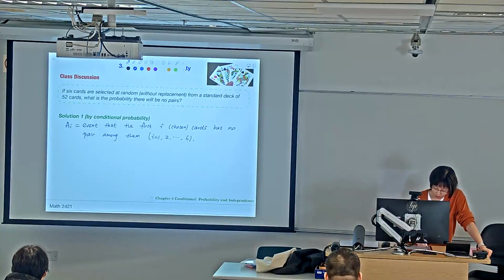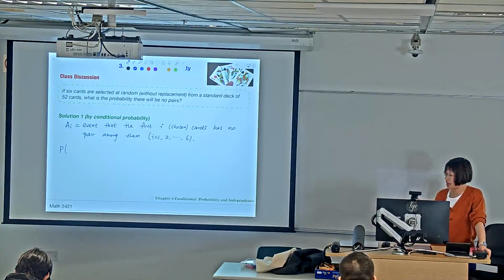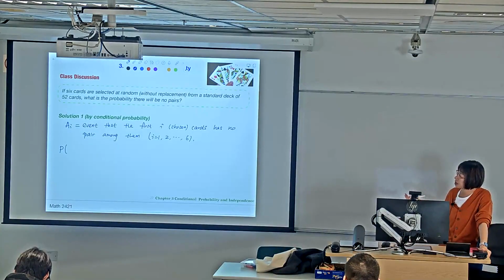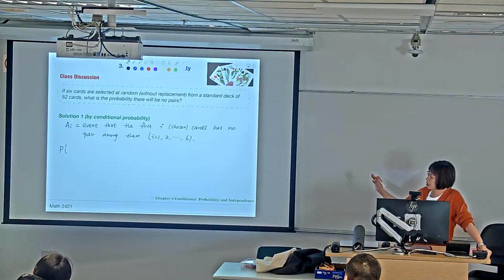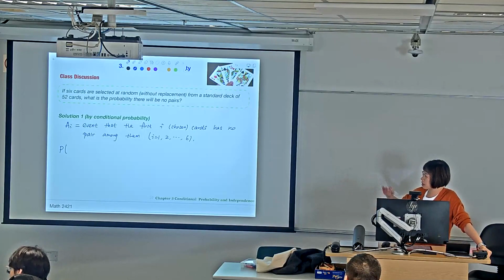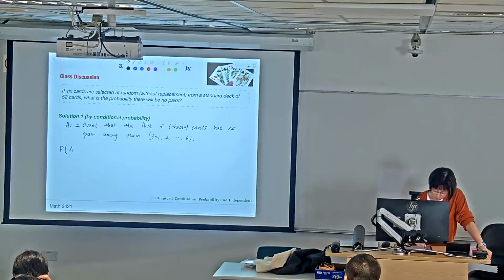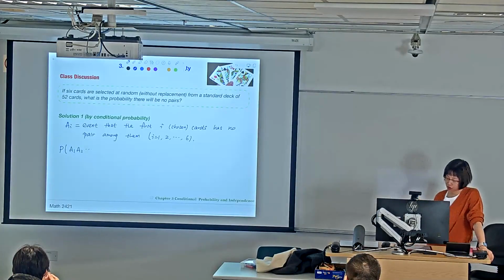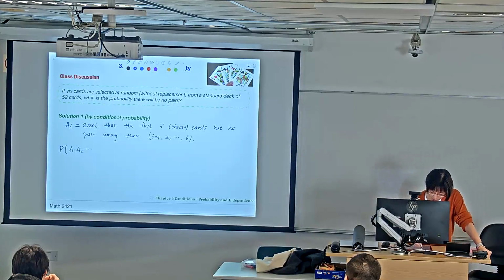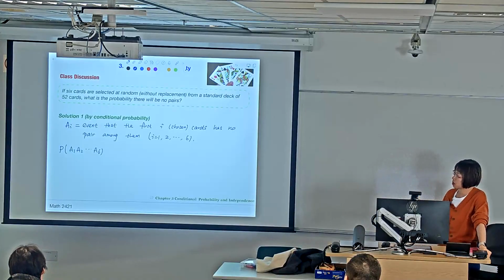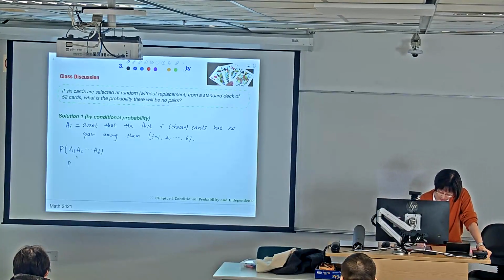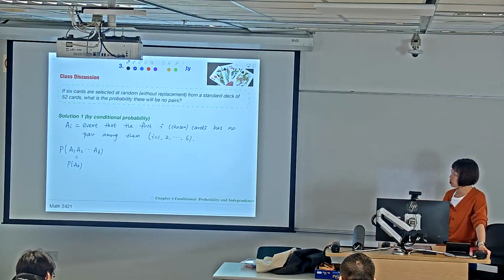You can notice that A6 is the event we are interested in, and A6 is contained in A5, which is contained in A4, and so on, so they have this kind of relationship. But anyway, we are going to write the probability we are interested in as the probability of the intersection of A1, A2 to A6. This is essentially the same as the probability of A6 because of this relationship.